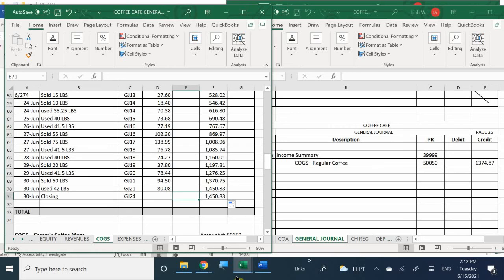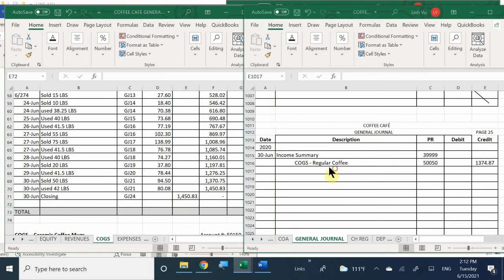How much do I need to credit? 1450.83. So just like that, I'm also going to be crediting cost of goods sold, account number 5100, for 1450.83.